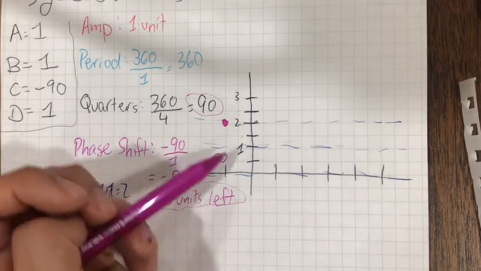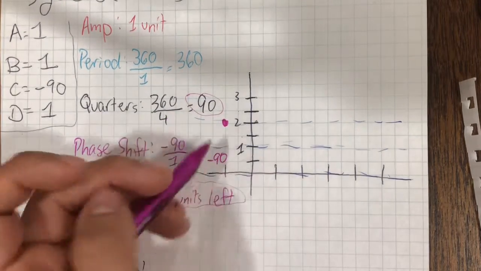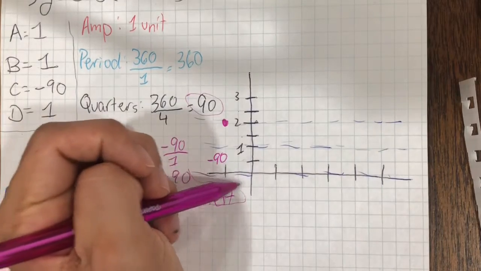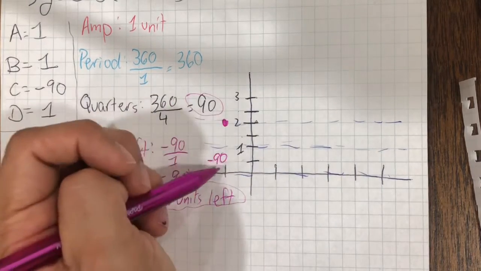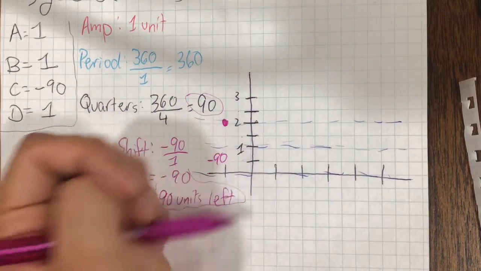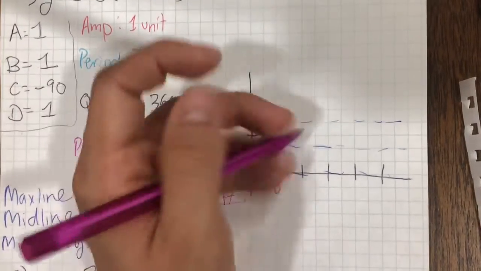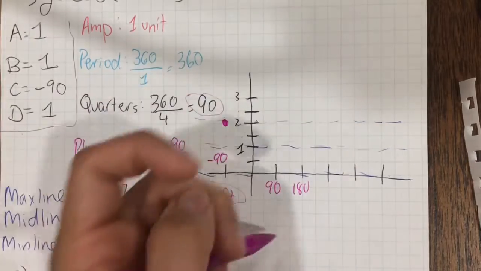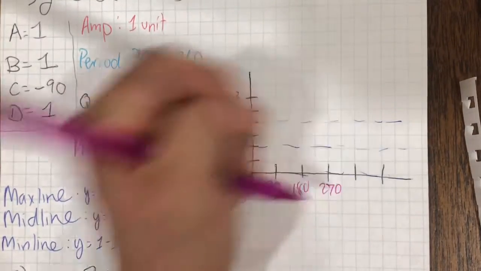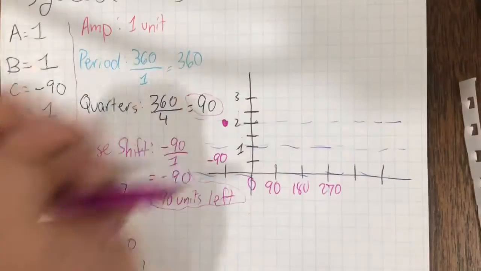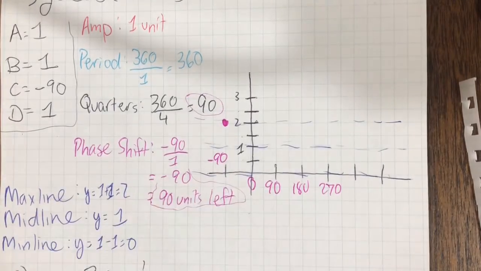We're going in terms of 90. So that means that to go from one x to another, I'm going to add 90. So -90 plus 90, I get 0, and then 0 plus 90 is 90, then 90 plus 90 is 180, then 180 plus 90 is 270. And I'm going to stop right there because we have our 5 numbers.